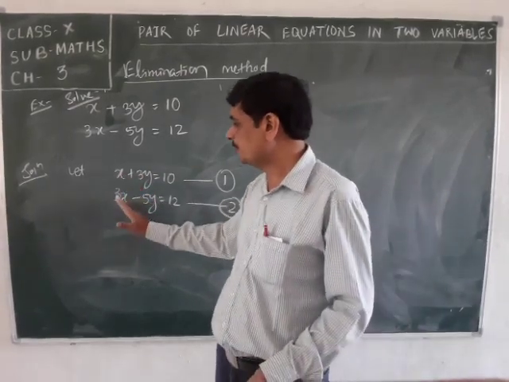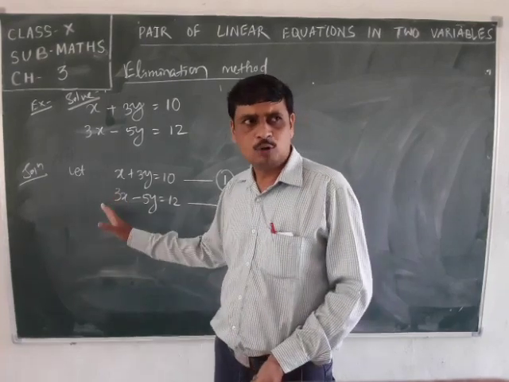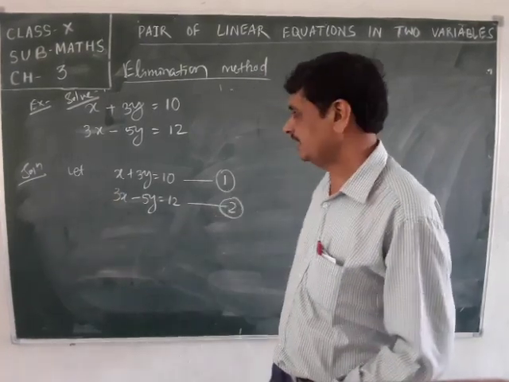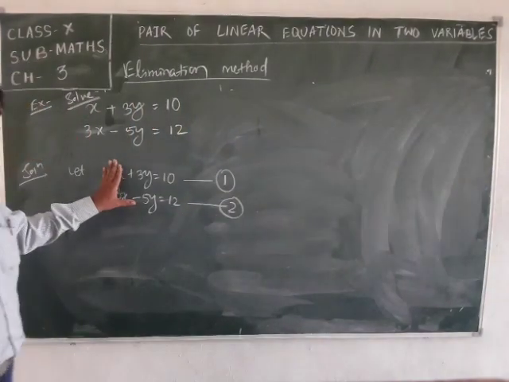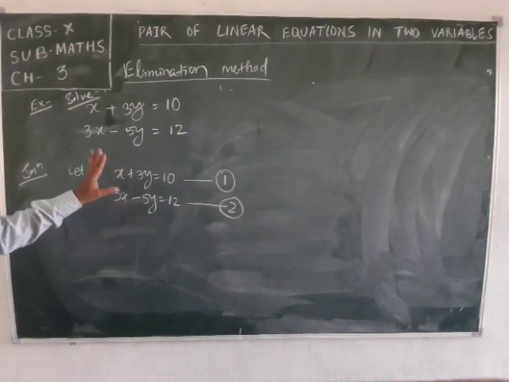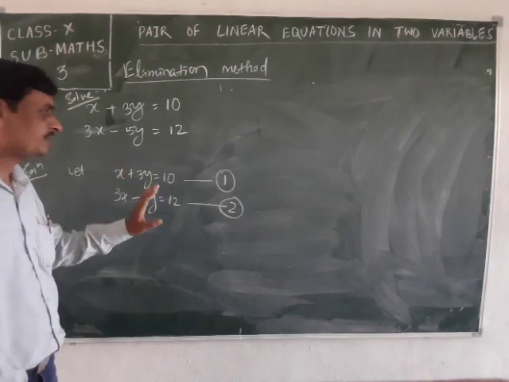So first we have to make both the coefficients equal. If both the coefficients are equal, then after subtraction we can remove those terms. That means we can remove that variable, and only one variable remains in the equations.